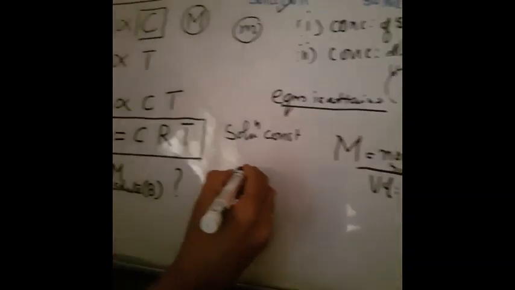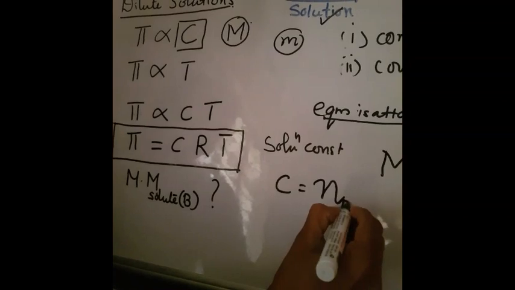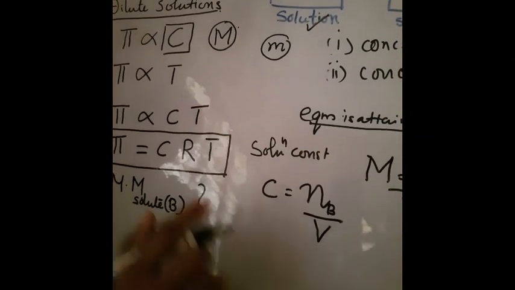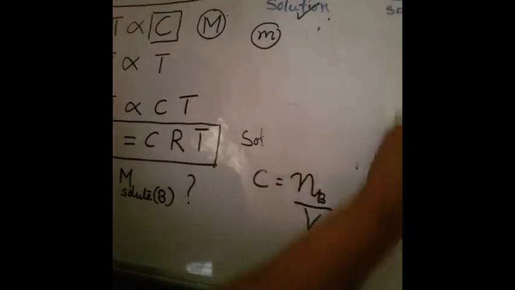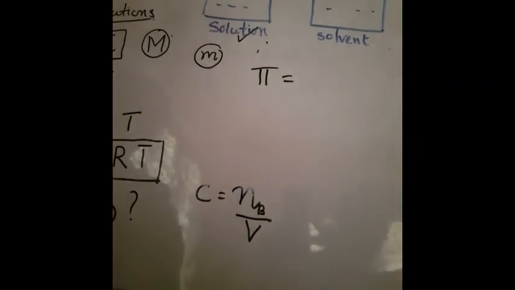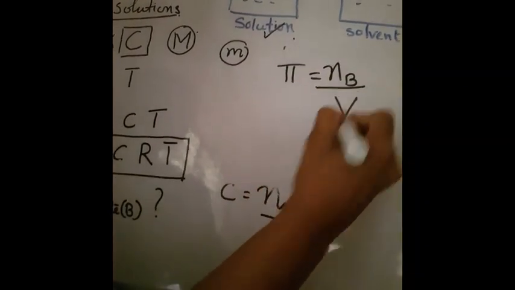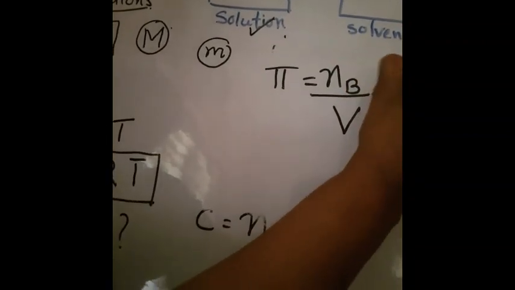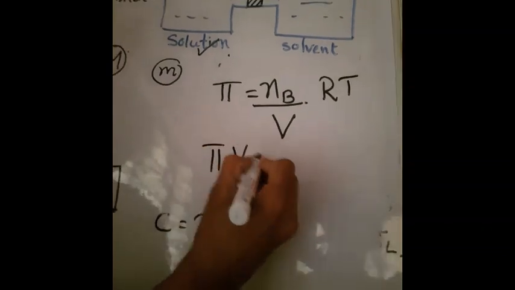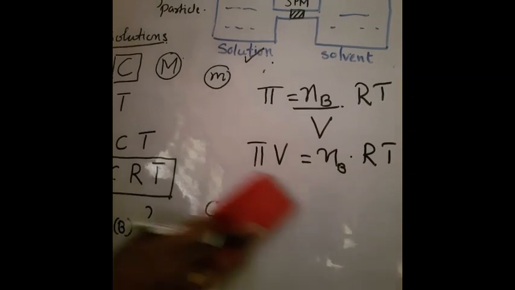So, I can write C as number of moles of solute, nB, by volume of solution in liters. Am I right? So, I can write pi is equal to C, and for C, I can write nB by V, into RT. Now, what will it become? Pi V is equal to nB into RT, correct.